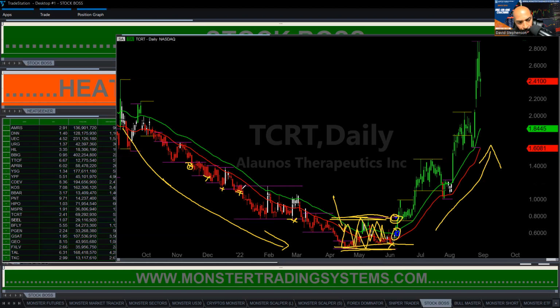We waited until the buyers came in, and we know the buyers came in when the price broke resistance right here. So we bought here. Now we're in the markup phase.